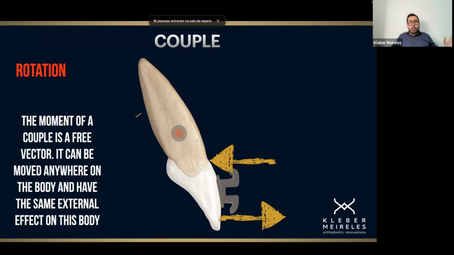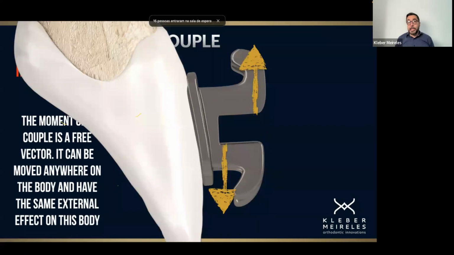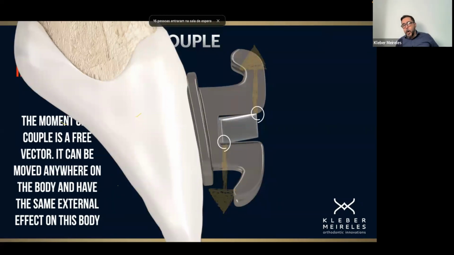Of course, again, we are not explaining everything, but believe me, this is what the concept says about the couple. The couple will generate a moment which is a free vector, meaning it can be moved anywhere on the body that you're applying this couple, and the same external effect will take place.